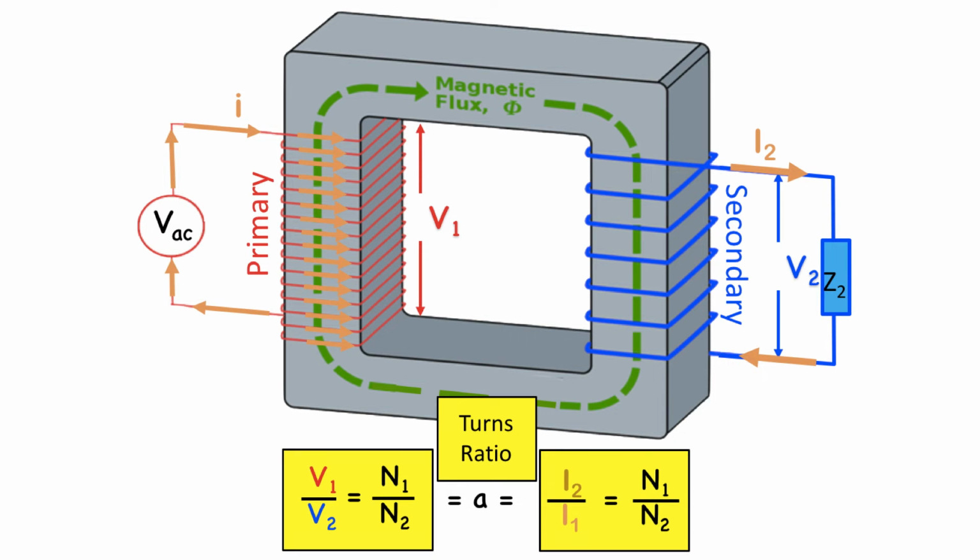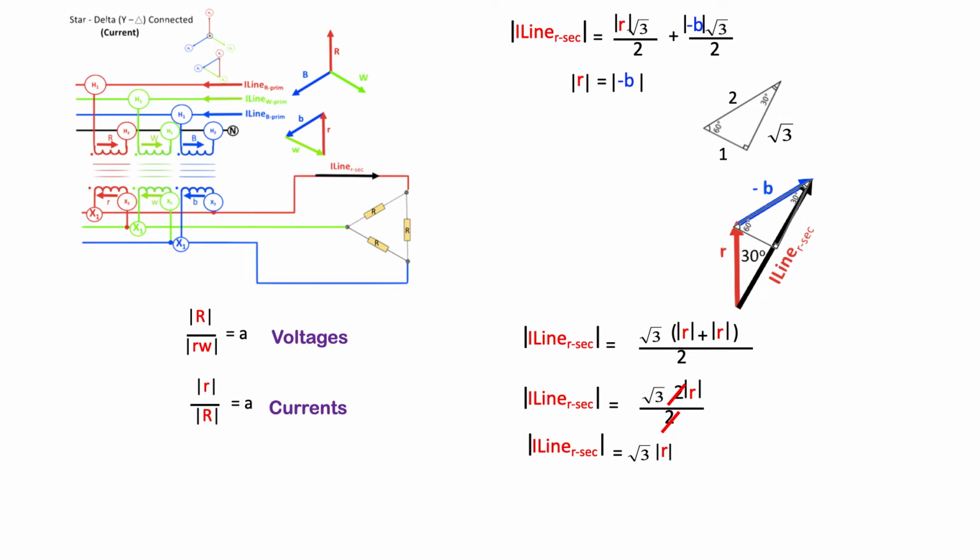So going back to our equations and looking at the current formula that we just developed, we can replace the uppercase R in the primary, because all of the current flowing in the I line primary flows through the windings of the red phase transformer.